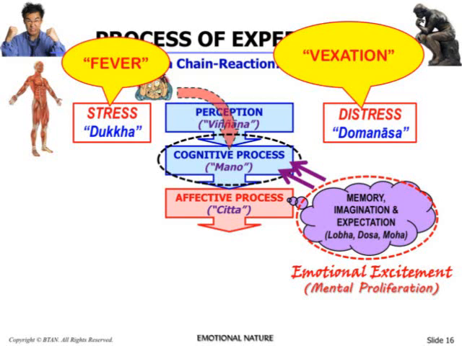So fever and vexation, you'll find this in a lot of translations in many sutras. Whenever you read any sutra and you come across the words fever and vexation, realize this is really what the Buddha was talking about. He was talking about the physiological change in the body as well as the psychological arousal and reaction.